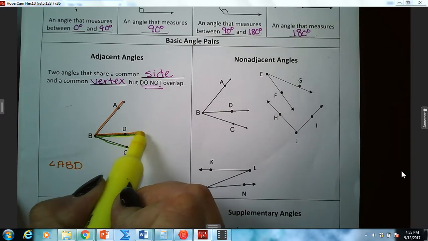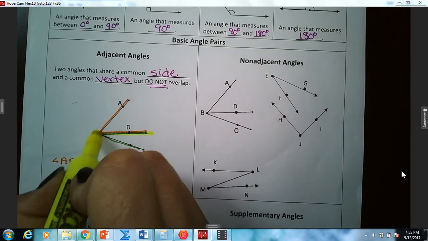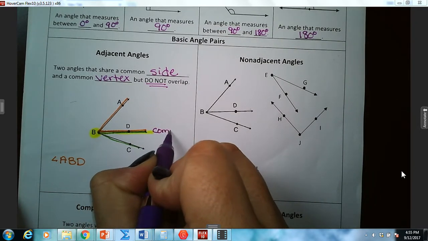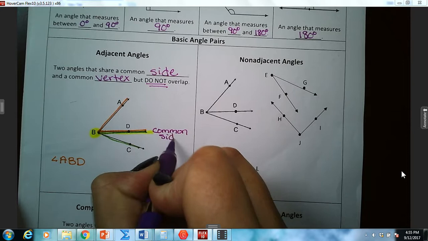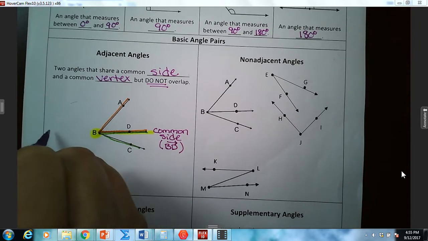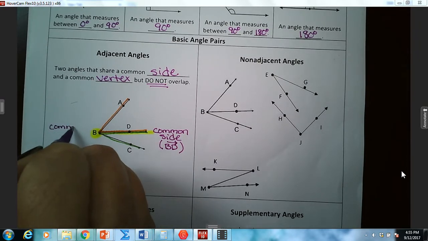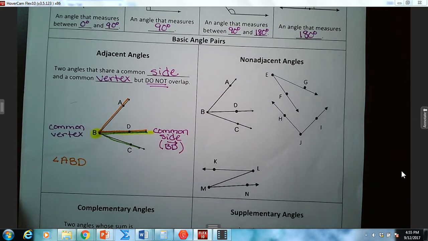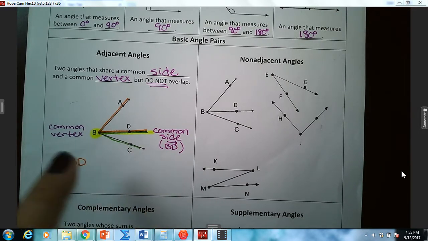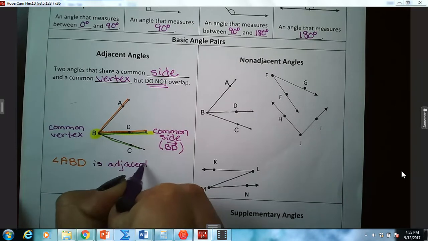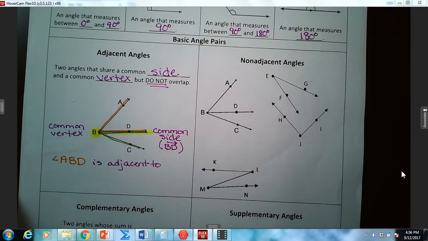It shares ray BD, and it also shares this vertex B. So this is our common side, that's ray BD. And this is our common vertex, point B. So in this picture, we've got adjacent angles. They have a common side and a common vertex. So we can say that angle ABD is adjacent to or right beside angle DBC.